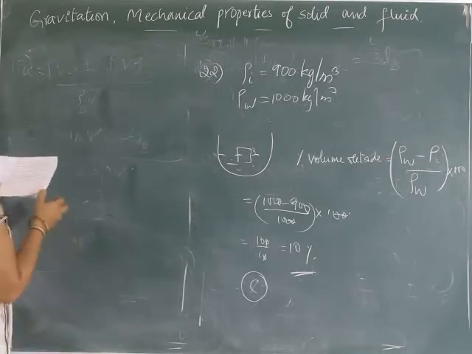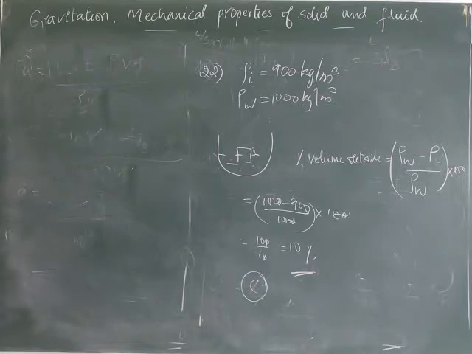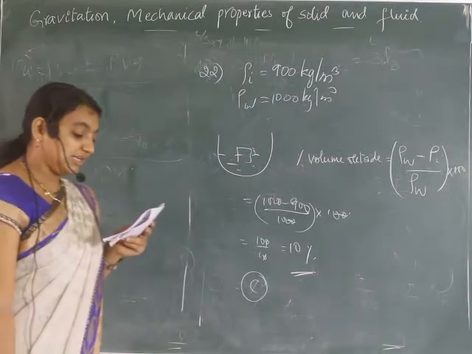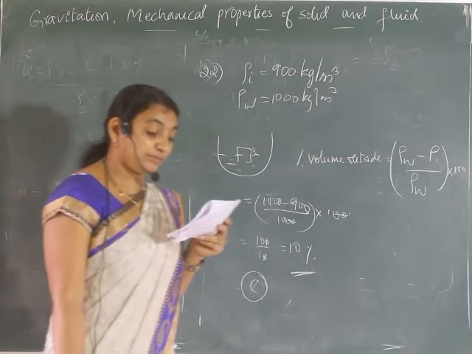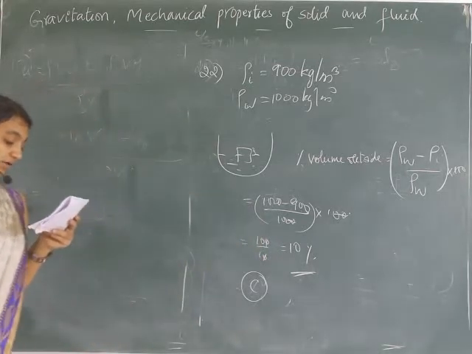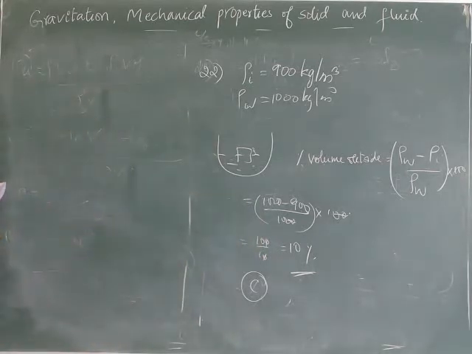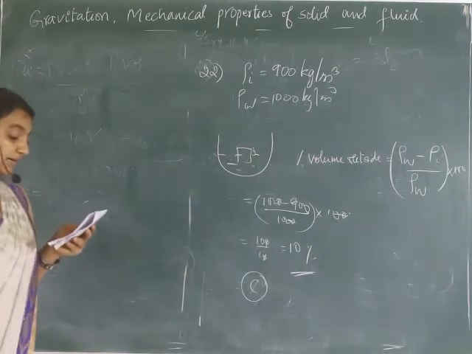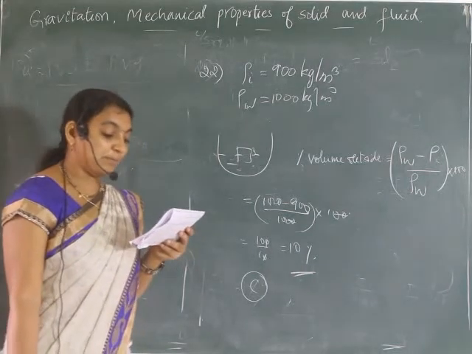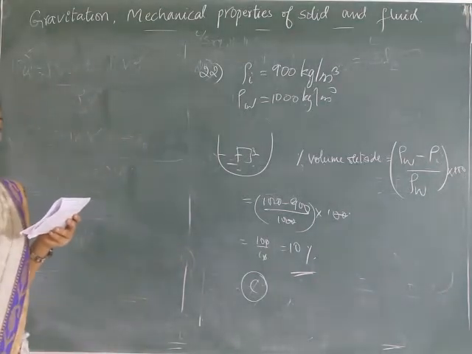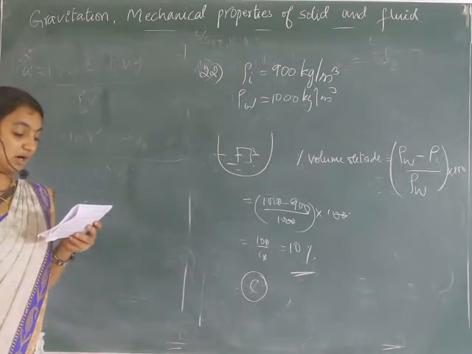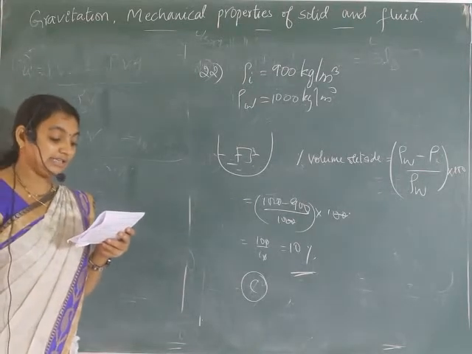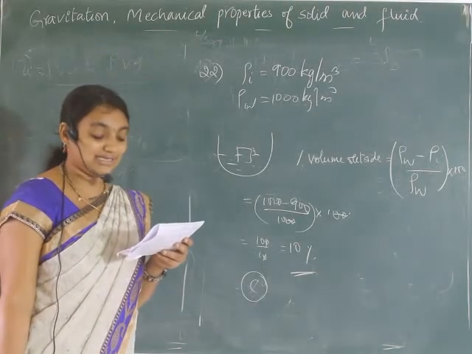Then next, water from a tap enters vertically down with an initial speed of 10 meter per second. The cross sectional area of the tap is 10 to the power minus 4 meter square. Assume that the pressure is constant throughout the stream of the water and that the flow is steady.